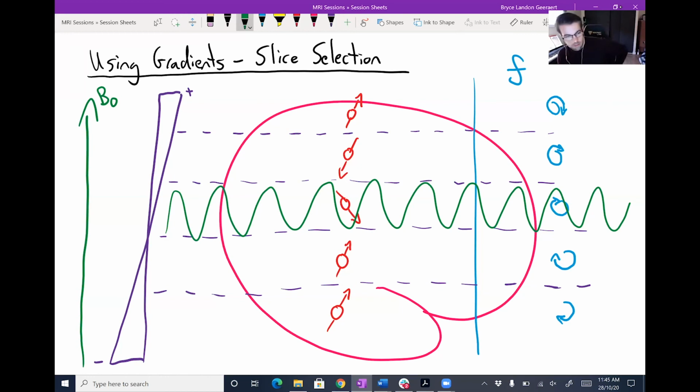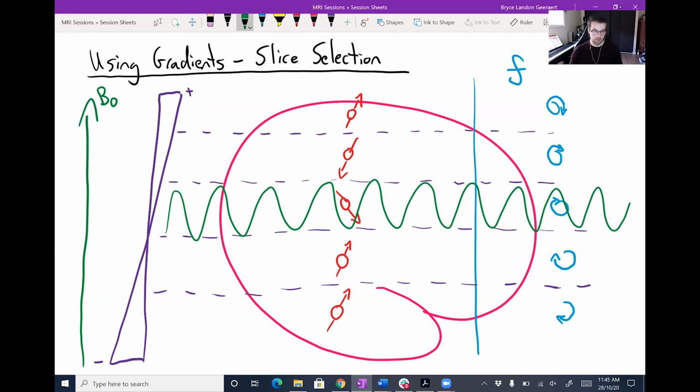We touched last session on how there's an imperfect resonance response to protons that are spinning close to the same frequency as the B1 field. So there's going to be some thickness to our slice, and we can account for that. We can design our B1 field delivery in such a way that we end up getting a slice of an intended thickness of like 1 to 2 millimeters in MRI.